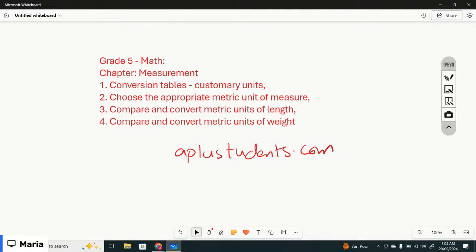You have to log in there using your email address and password as provided by the administrator. Then you have to select math from the subject tab. Scroll down to grade 5 math and then click on view all lessons. There you can find a list of the chapters. We're going to start with the chapter measurement.